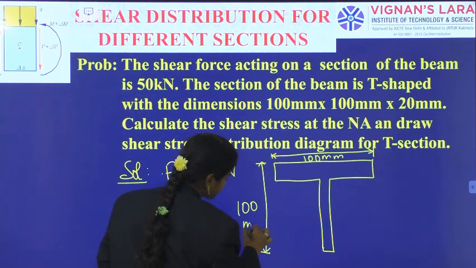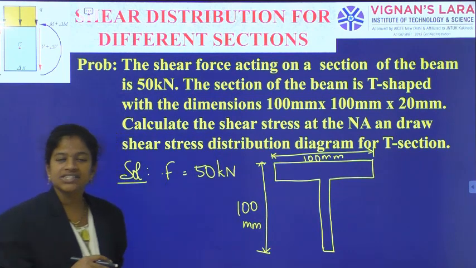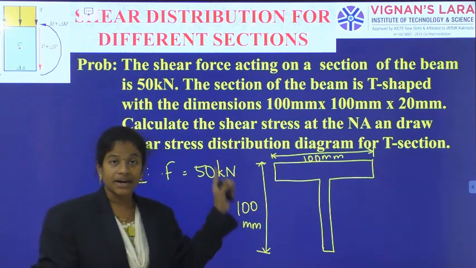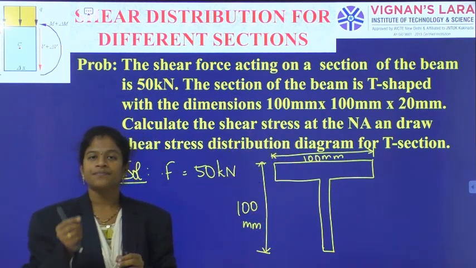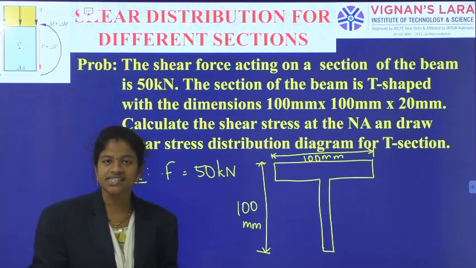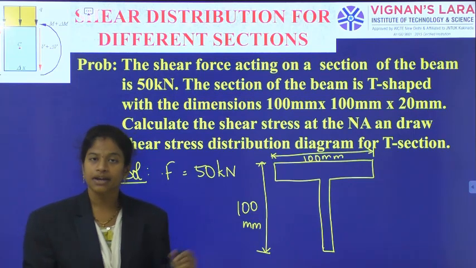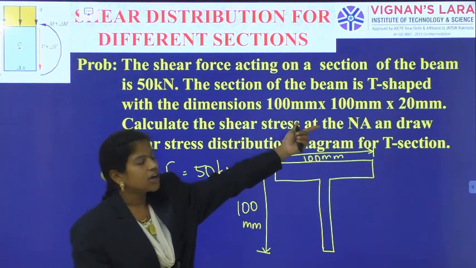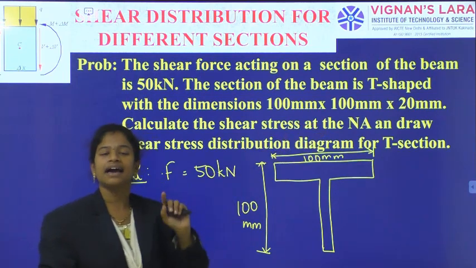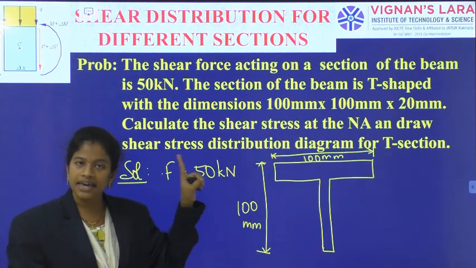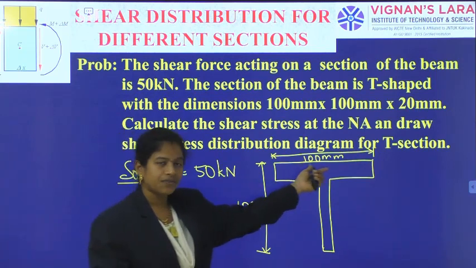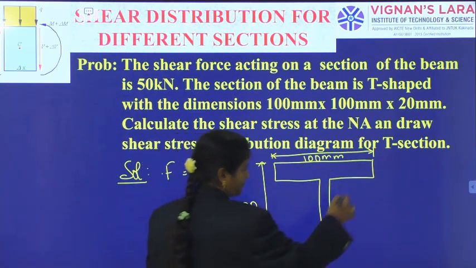Okay. For the previous I section, we observed these two terms, but later they had given two values. This is web thickness, this is flange thickness, like that they had given in the statement. But here I am observing 20 mm only. So directly they have given 20 mm. So the same value is the thickness for the flange as well as the web.